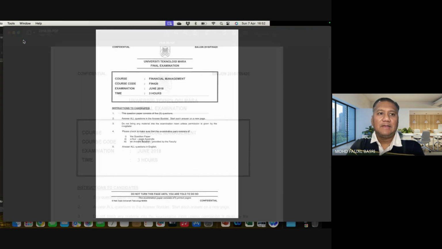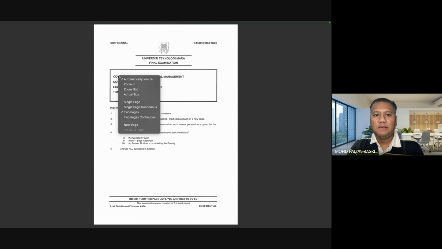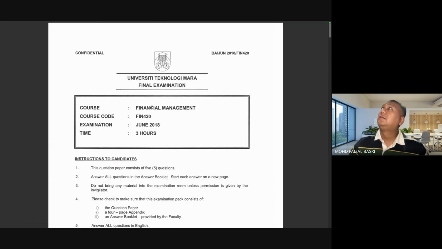Right, for the previous class, based on the previous second group, I used the December 2018 question to assist them to understand.